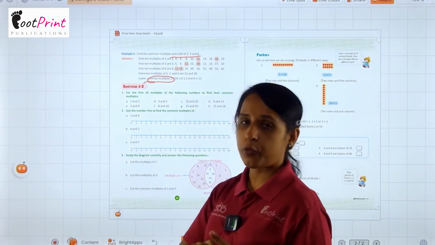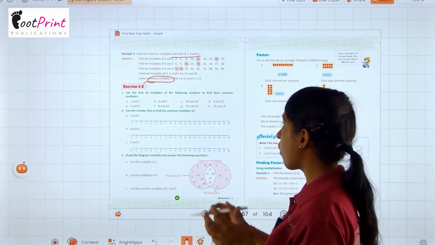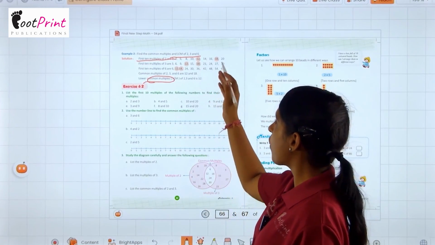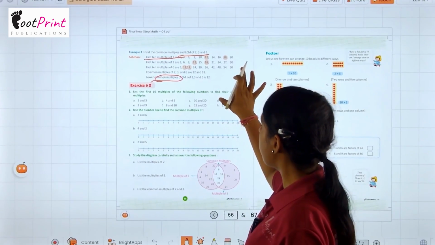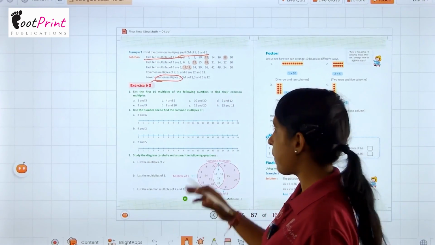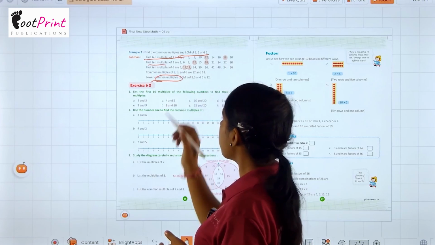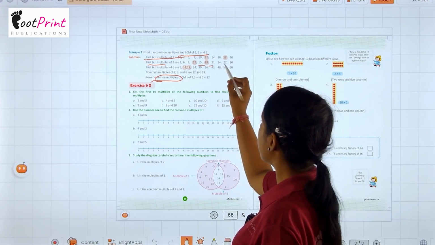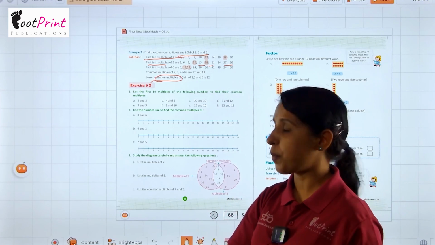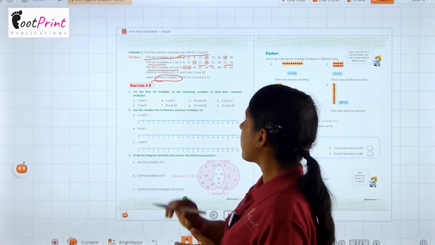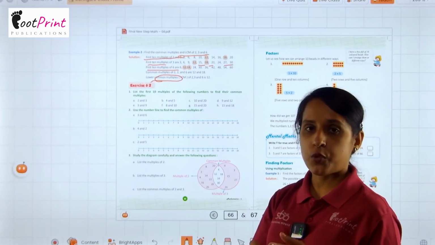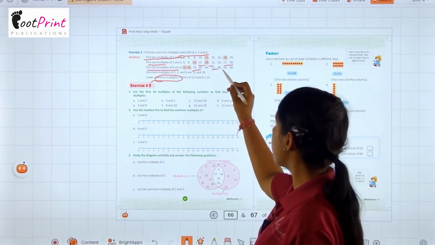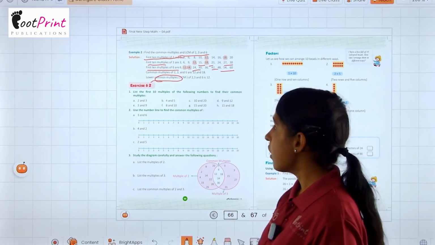It means we have to find the common multiple that is lowest. Here the first 10 multiples of 2 are 2, 4, 6, 8, 10, 12, 14, 16, 18, 20 and so on. The first 10 multiples of 3 are 3, 6, 9, 12, 15, 18, 21, 24, 27, 30. And the first 10 multiples of 6 are 6, 12, 18, 24, 30, 36, 42, 48, 54 and 60.